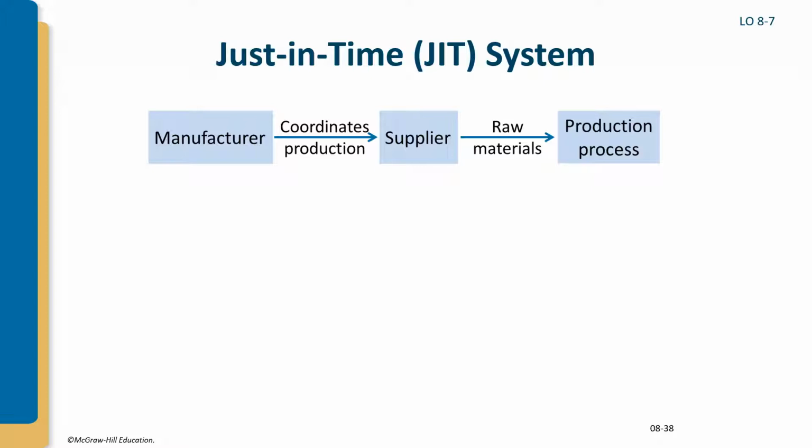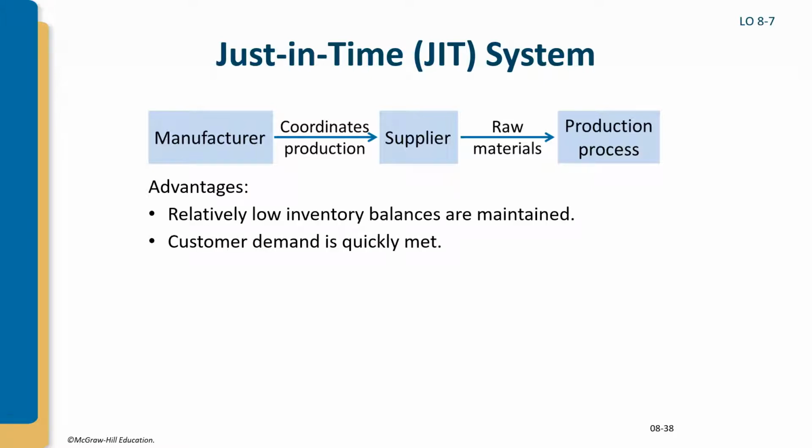And the time to get it from the supplier to Dell is very small. It might be hours or a day. And then Dell doesn't have a whole bunch of inventory sitting around. They order it when they need it. It gets to them. They make the product and immediately sell it. That's just in time.